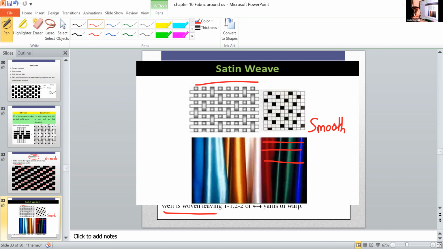The weaving process mainly involves the weft yarns leaving or skipping one, two or four warp yarns, which means the filling yarns leave some. Here you can see some blank spaces, where there is no weaving. So the weft yarns leave some spaces or some threads.